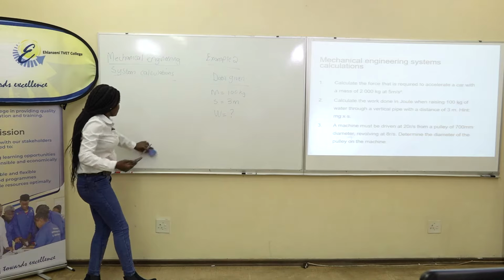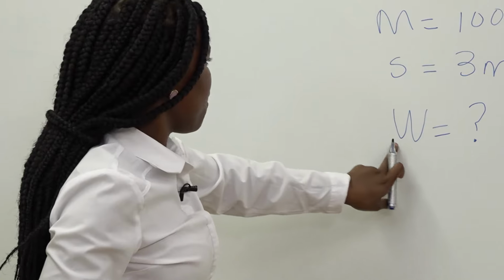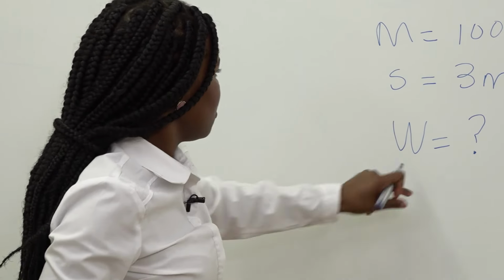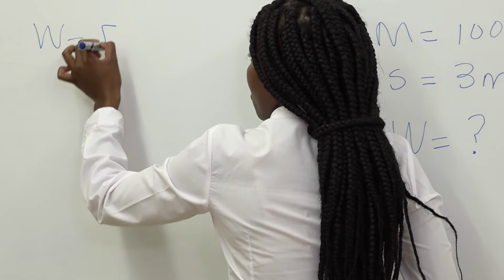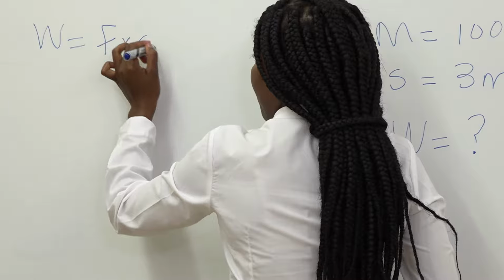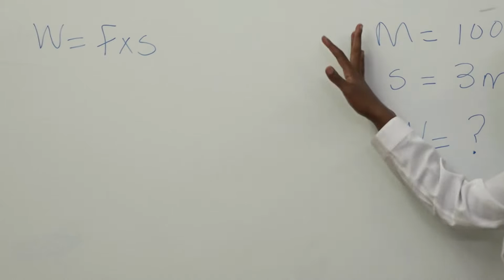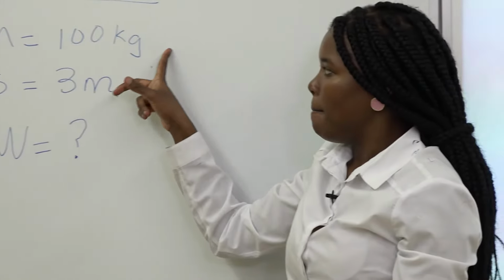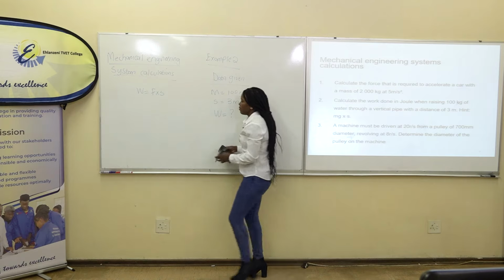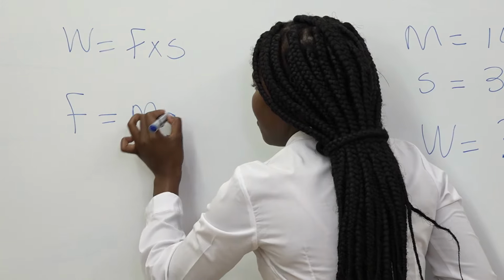We simply say, since we're looking for our work done, we know that work done is the force multiplied by the distance. And now, we're not given a force from our statement, but we're given a mass. And then you know that a force is given by a mass times gravity.